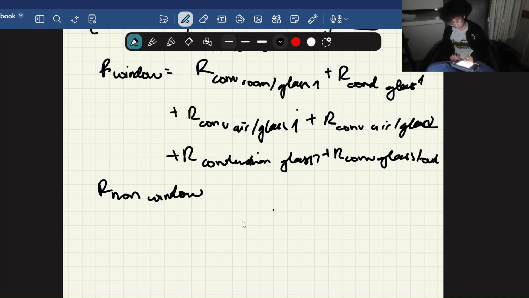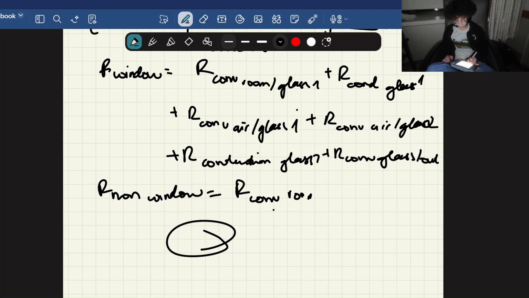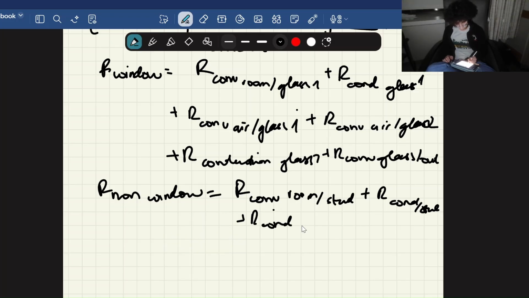It is equal to the resistance by convection from the room to the stud, and then the series of conduction of the stud, plus conduction of the brick, and then conduction of the insulation, and then convection between the insulation and outside.